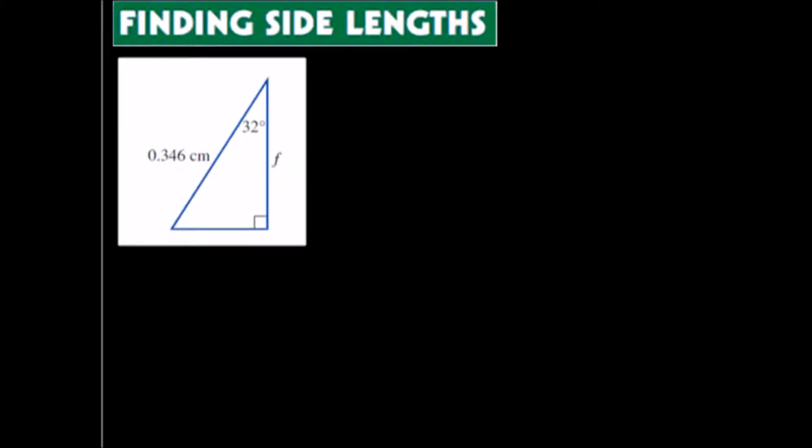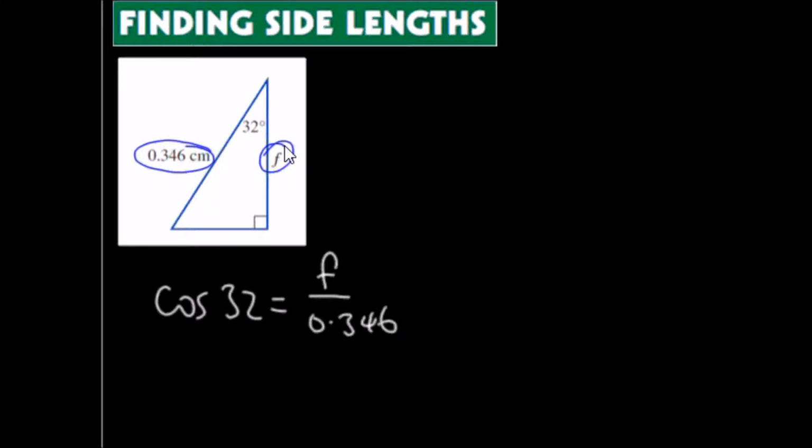Next example, we have once again an angle and two lengths, one of which we don't know. So in this case, this length here is the adjacent, this length here is the hypotenuse, and that trig ratio will be the cosine. So the cosine of 32 degrees is equal to the adjacent on the hypotenuse.